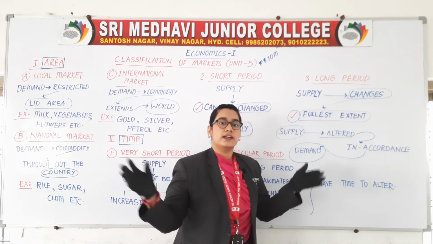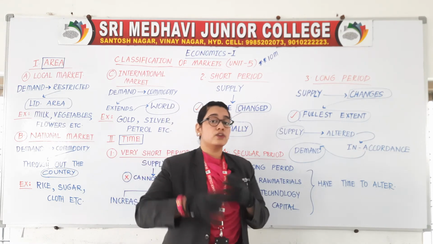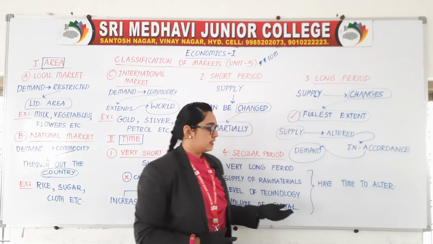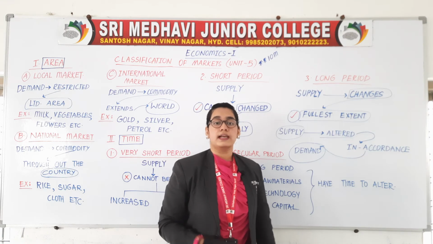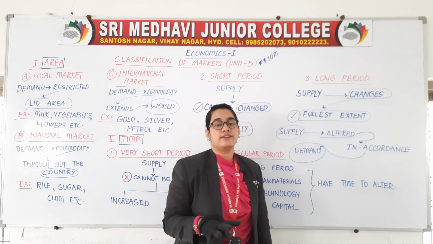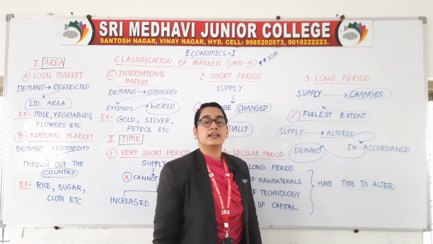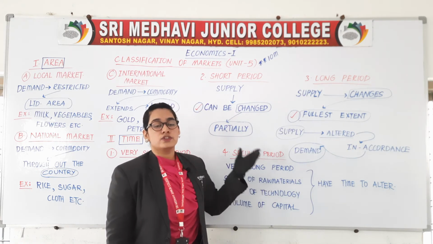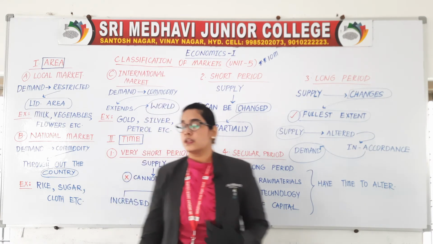You can increase your raw materials, you can upgrade to the latest technology, and you can also change the volume of capital. How much money you have, how many assets you have, you can alter everything because it is a very long period. So the secular period is also a very long period.